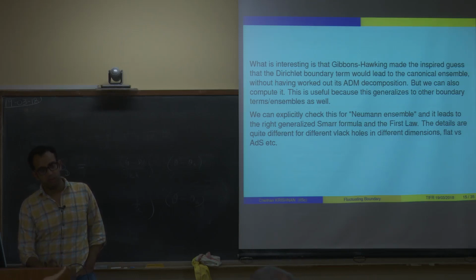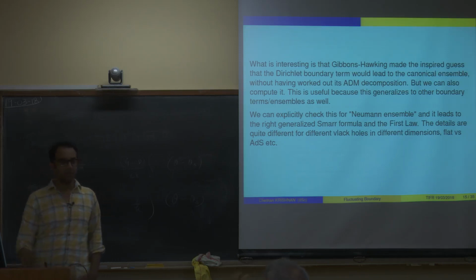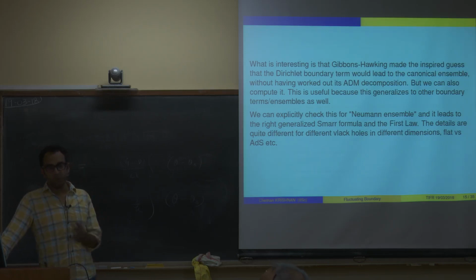With Neumann, you specify Neumann and the other thing is free. If you fix both, then there is no solution. So the relative coefficient between the normalizable and the non-normalizable mode is fixed by regularity. Yes, you're right.